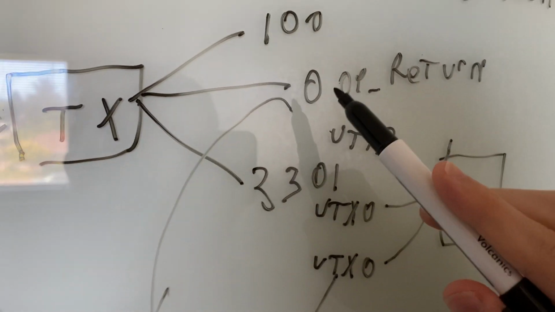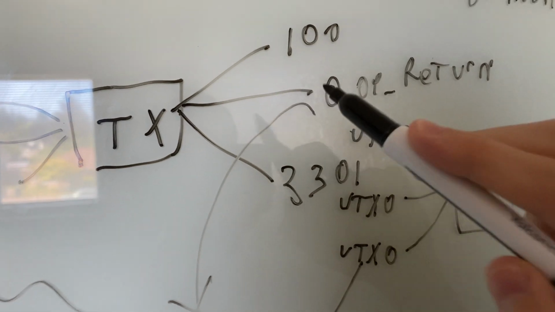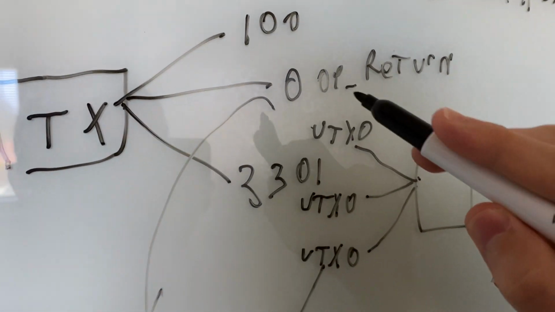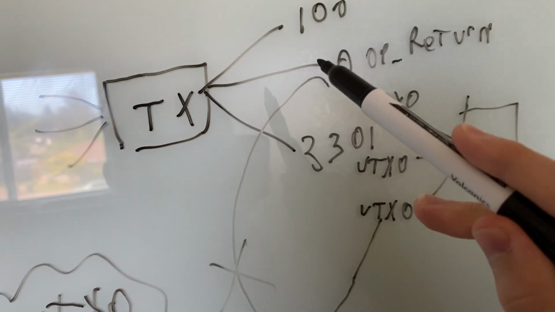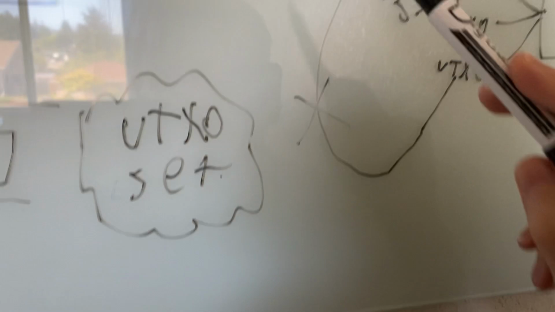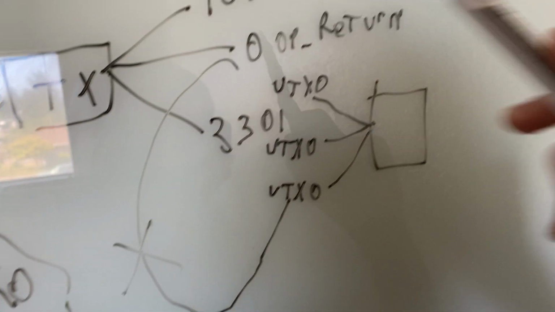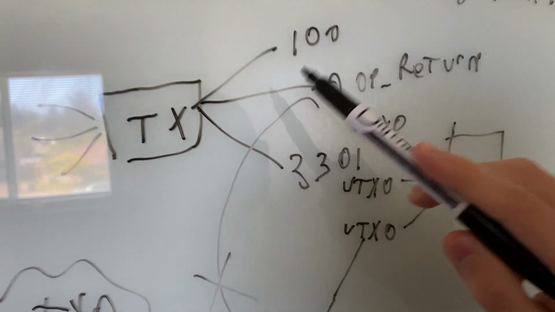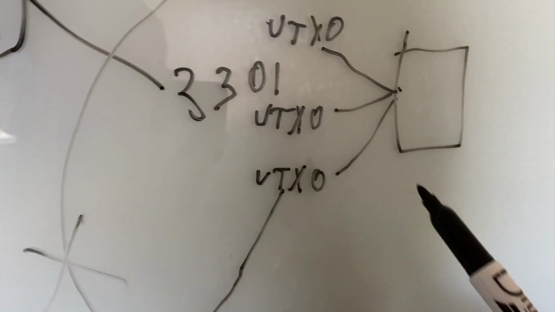If there are no Satoshis associated with the script, whatever that script may be, the transaction that creates the 0 output script can be valid, but it is not a valid entry in the UTXO set, and you cannot take this 0 output and use it as a UTXO because it's not a UTXO.